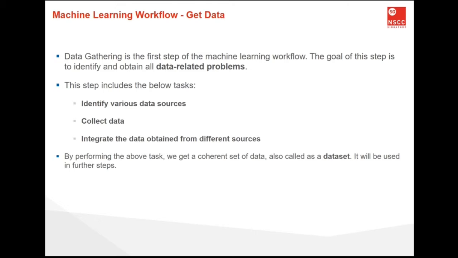The quantity and quality of the collected data will determine the efficiency of the project. The more data there is, the more accurate the prediction will be. By performing the above tasks, we get a coherent set of data, and we call it a dataset. It will be used in further steps.